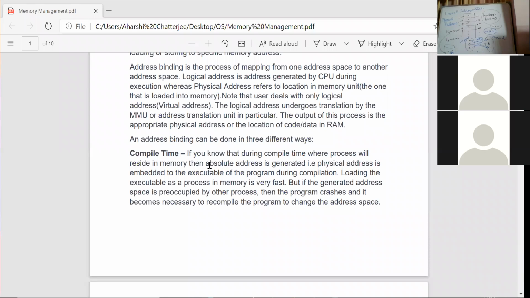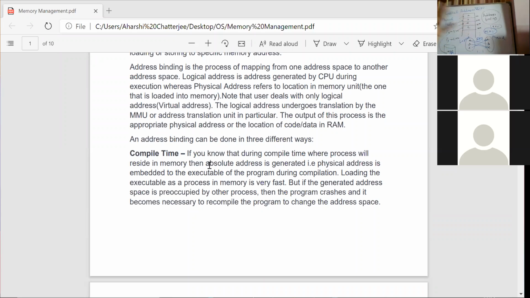This processing will be very fast because there are no other intermediary steps, like conversion of logical to physical address with the help of the memory management unit. Things are becoming simpler.